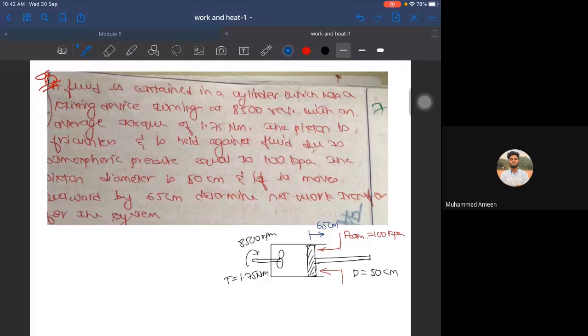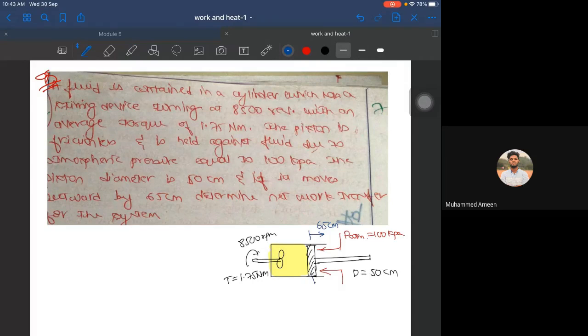So we shall come back to this particular problem here. So he says, where is the system? The system is here, which contains the fluid, which I'm highlighting right now. In the system, there are two works performing simultaneously, correct?